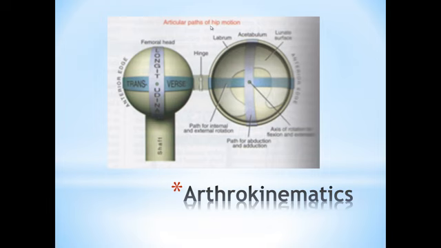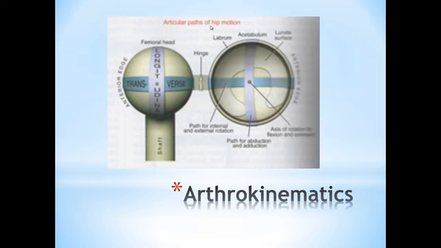Now, the flip side to that is when I start looking at closed chain activities, I need to look at what happens in the femur when it's the fixed side. And so now the acetabulum is moving around the fixed femur, the femoral head.